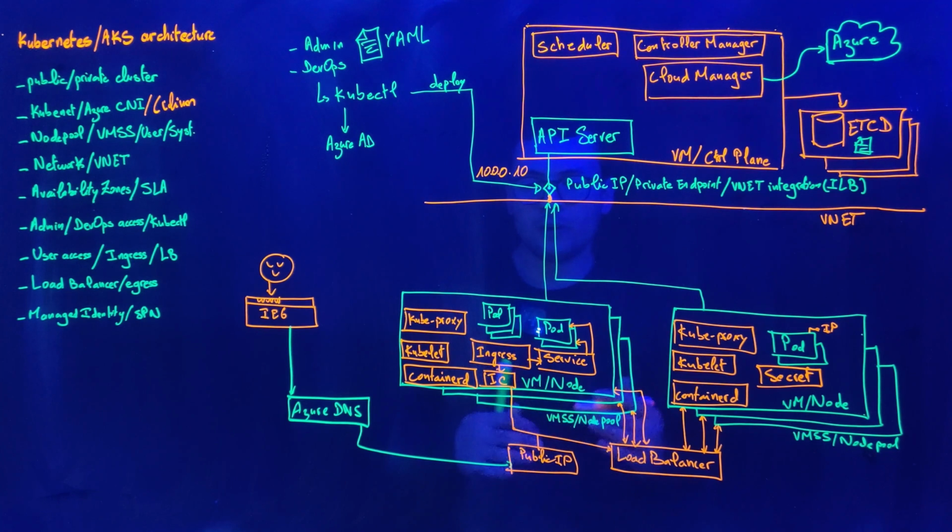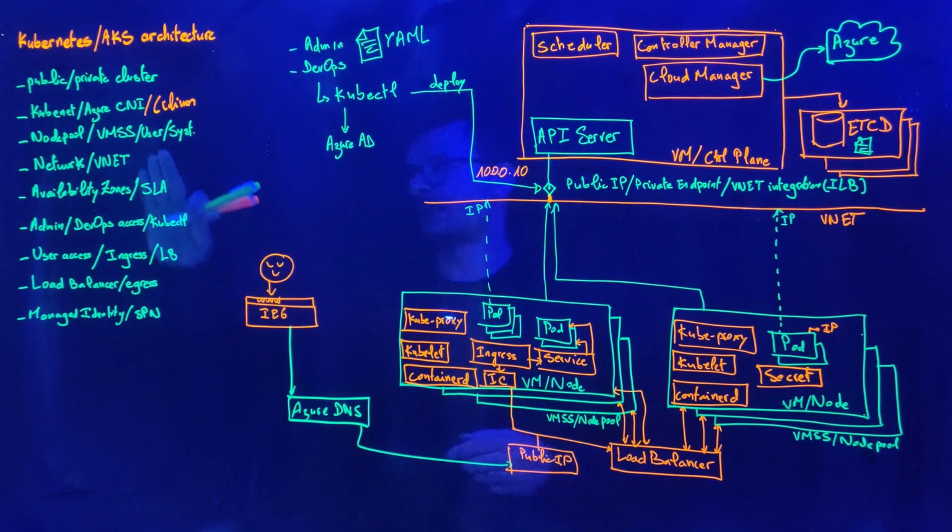However, if I'm using the Azure CNI or Cilium without using the overlay network, then those pods will have a private IP address that will be mapped into the VNet. So here this one would have an IP, and the other pods also, each one would have its own IP within the subnet.